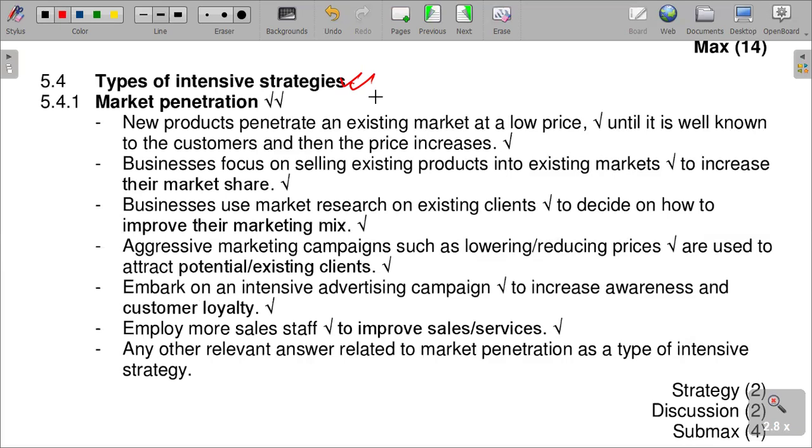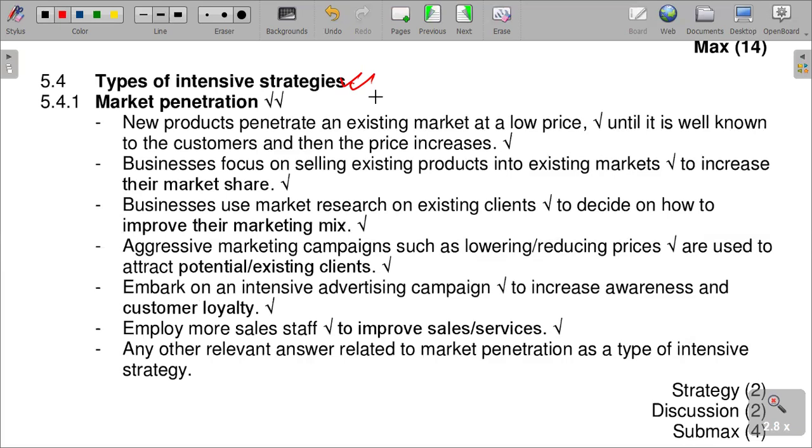Market share is to say how much of the market they have, how many customers are willing to buy or willing to spend within that product or business product range. So aggressive marketing campaigns such as lowering or reducing prices are used to attract potential and existing clients.